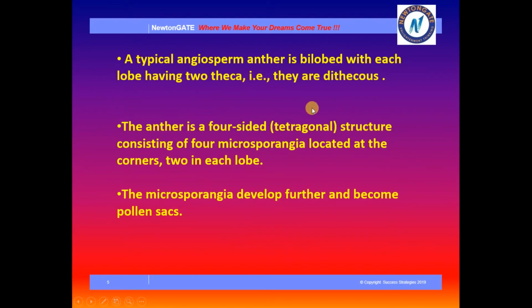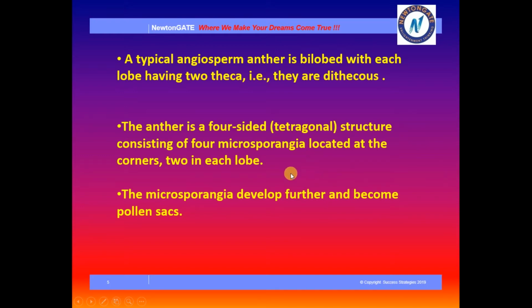A typical angiosperm anther is always bilobed in nature, with each lobe having two theca. That is why they are termed dithecous. The anther is a four-sided, or tetragonal, structure consisting of four microsporangia located at the corners, two in each lobe.